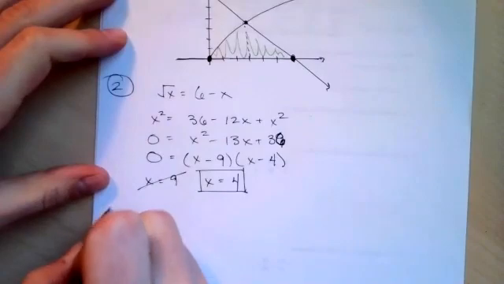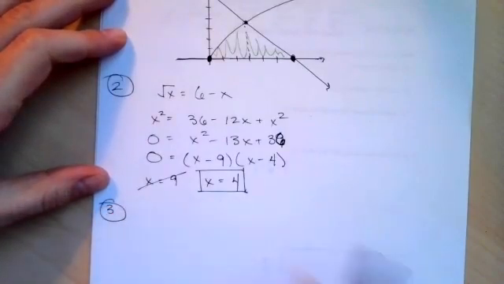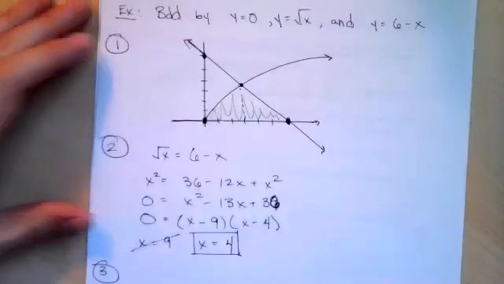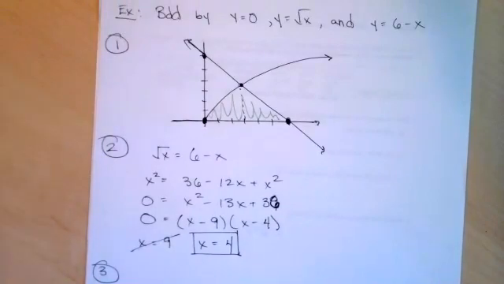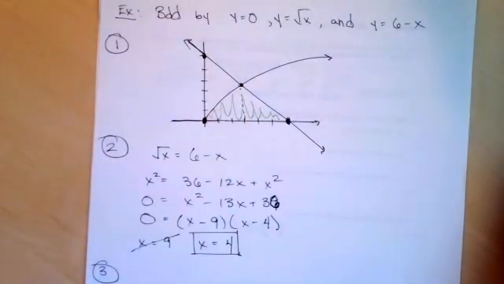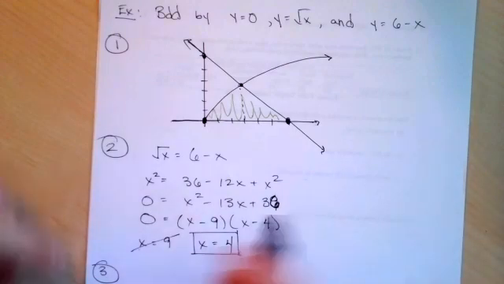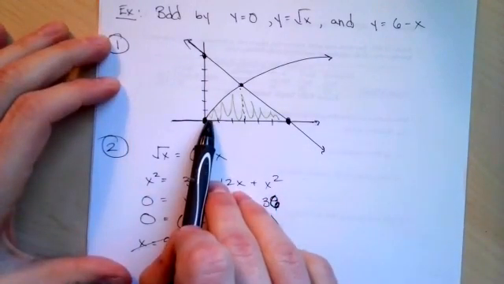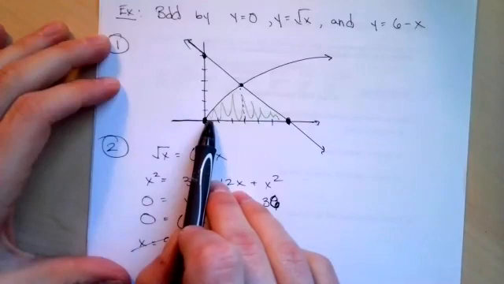However, when we do step 3, we want to choose dx or dy. So how do we want to integrate this? Should we integrate with respect to x, slicing up vertical slices with width dx, or should we slice up horizontal slices and do dy? Well, if we do horizontal slices, you don't have to worry about it being bounded by different things.